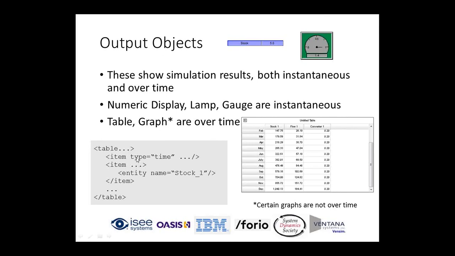Each column or row item has a type, whether it be time or whether it be a variable type. And within the rows or columns, we again have entities. And so that's how the table knows what variables are contained within it. So for this table here, we would have 4 items, the time type item, and then 3 items representing each one of the entities, stock 1, flow 1, and converter 1.